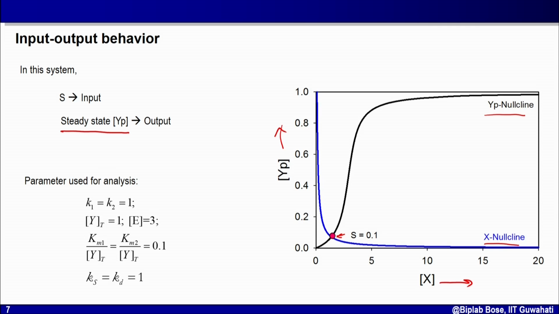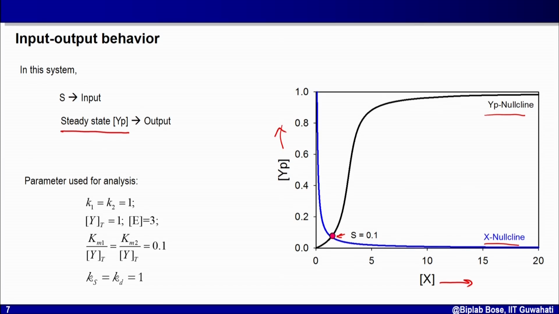Now this X nullcline that I have drawn is considering S equal to 0.1. So your input signal is 0.1. And at that time the YP value at steady state is this one, near 0.1. Now if I change S 10 times, so S will become 1. So remember, the X nullcline is sensitive to S.